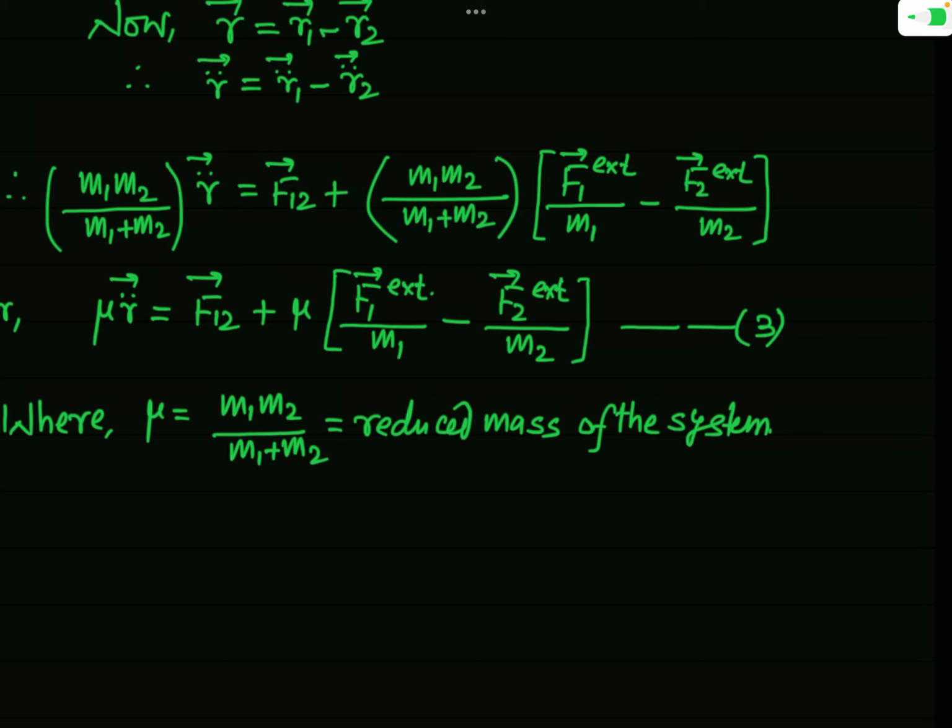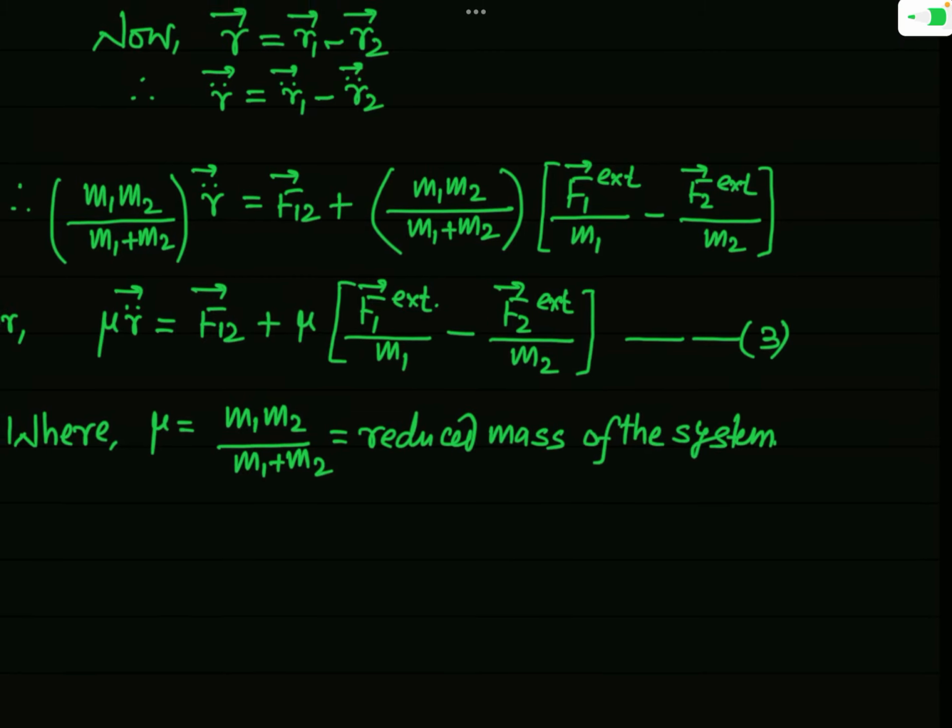Okay, and at the same time you have seen that r is equal to r1 minus r2. So if you differentiate this equation on both sides with respect to t two times, then the result will be r double dot equal to r1 double dot minus r2 double dot.